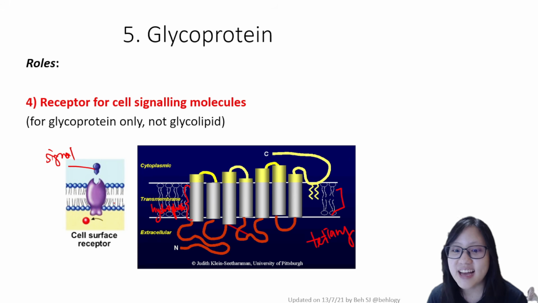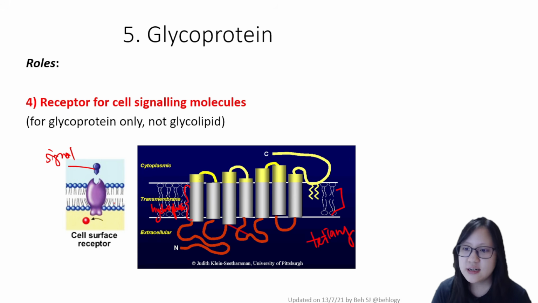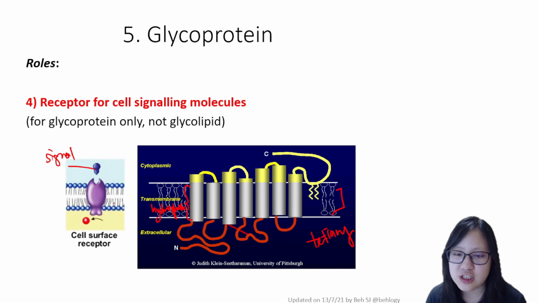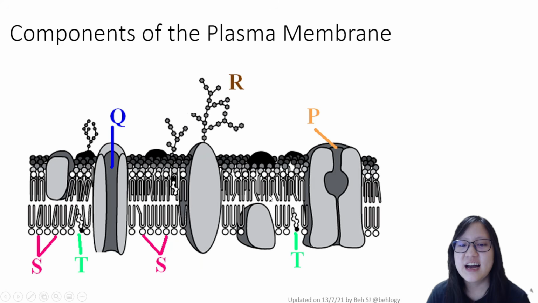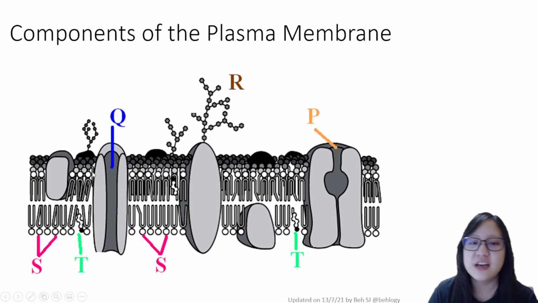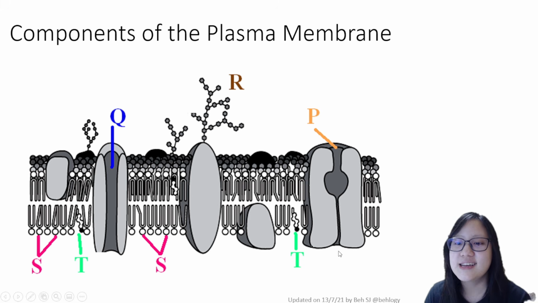I hope that's eye-opening and you've learned something today. We have learned 5 components already: their structure and their function. So you should be able to pause this video and identify each and every component that is drawn here.